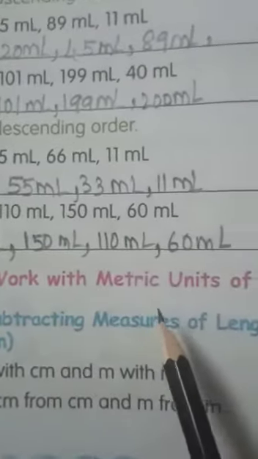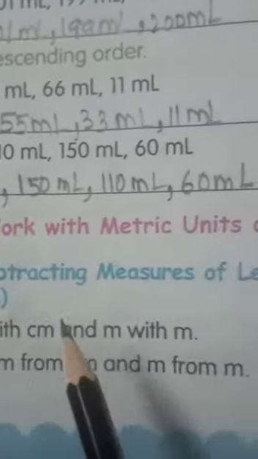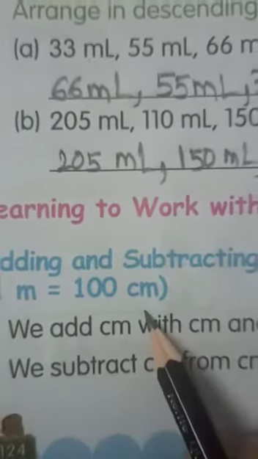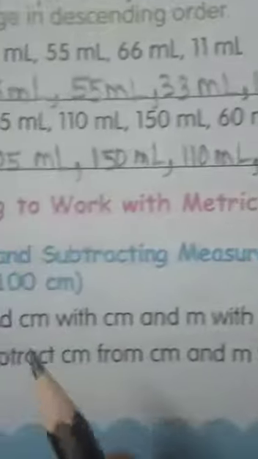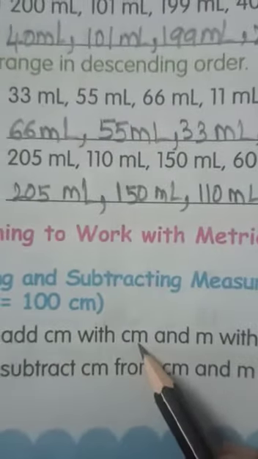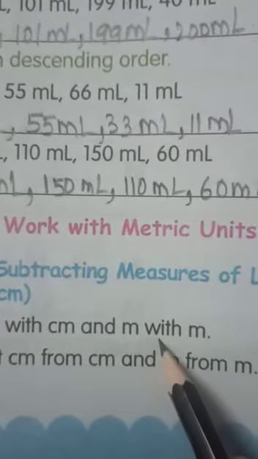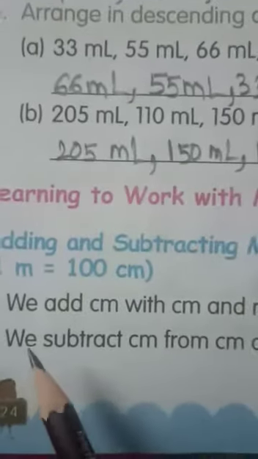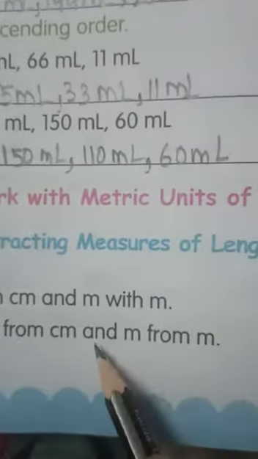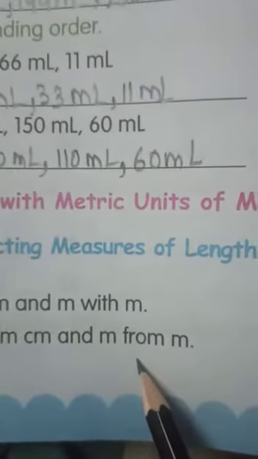Learning to work with metric units of measure, adding and subtracting measures of length. We use meters and centimeters to measure length, and we add centimeters with centimeters and meters with meters, and we subtract centimeters from centimeters and meters from meters.